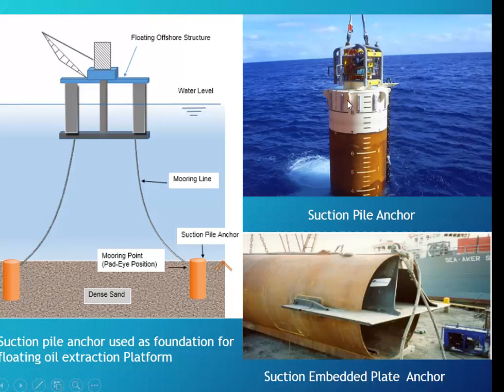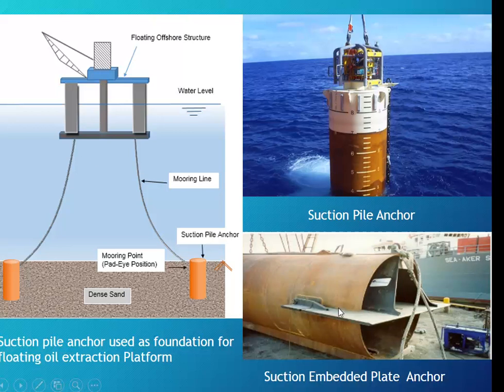It may be 3 meters or 6 meters, depending on the capacity or purpose of the platform. This anchor is embedded in the seabed with the help of suction action, and it works as the foundation of the platform.